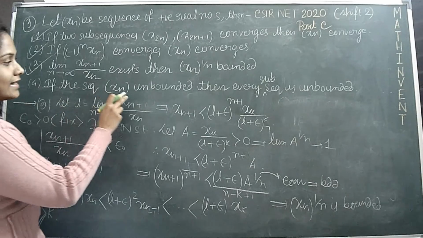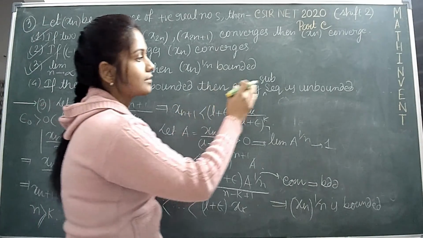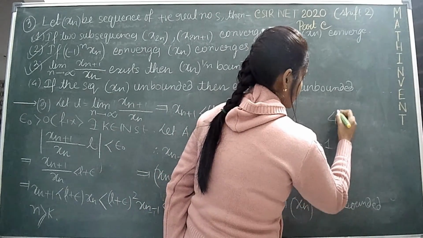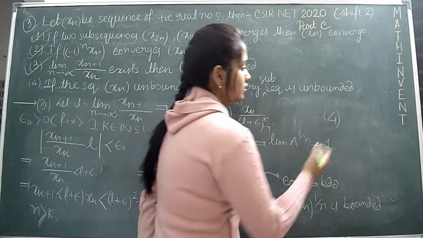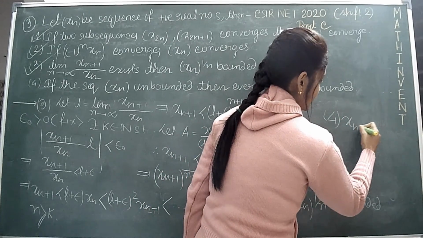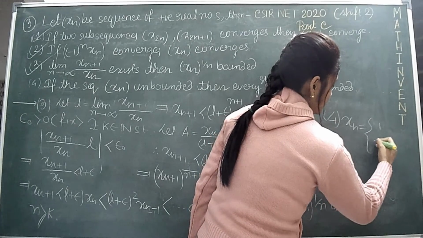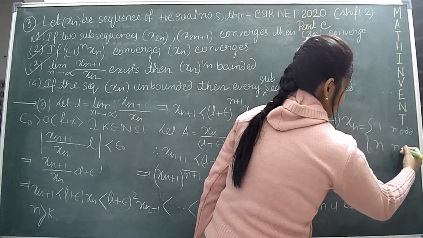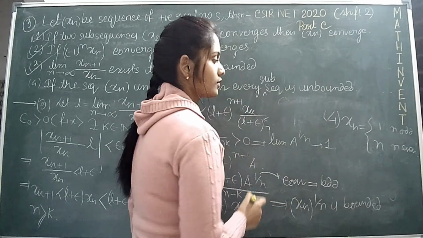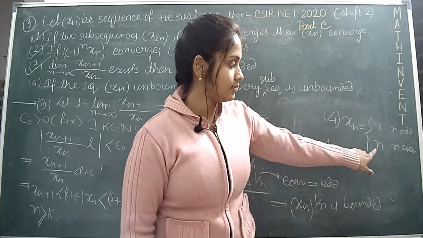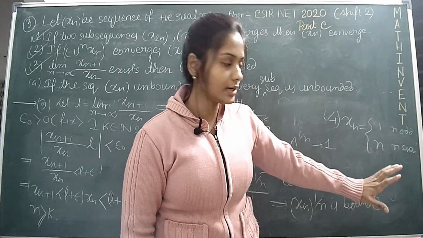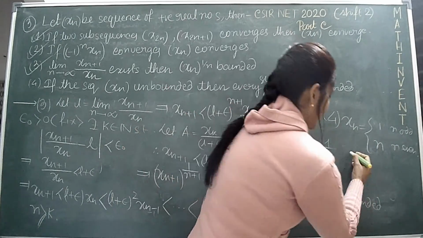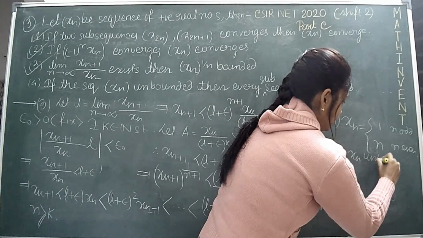If the sequence xn is unbounded, then every subsequence is unbounded. Let us construct an example. Take xn equal to 1 when n is odd, and n when n is even. Since n, a natural number, is unbounded, this sequence xn is unbounded.